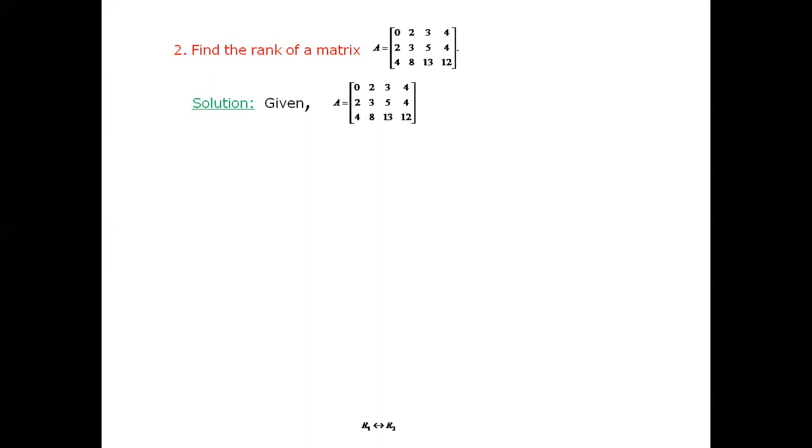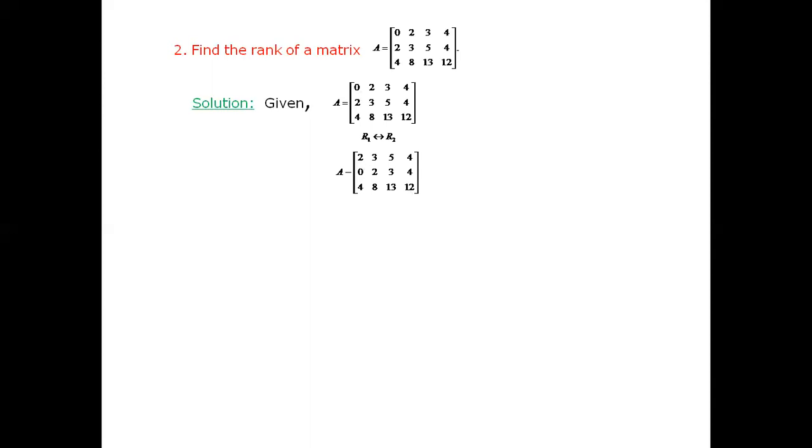I will interchange like this. R1 interchange with R2. I mean, second row I'll write as first row. We get this. See, 2, 3, 5, 4 written as first row, 0, 2, 3, 4 written as second row, and third row kept as it is. Now this is the leading entry in the first stage.